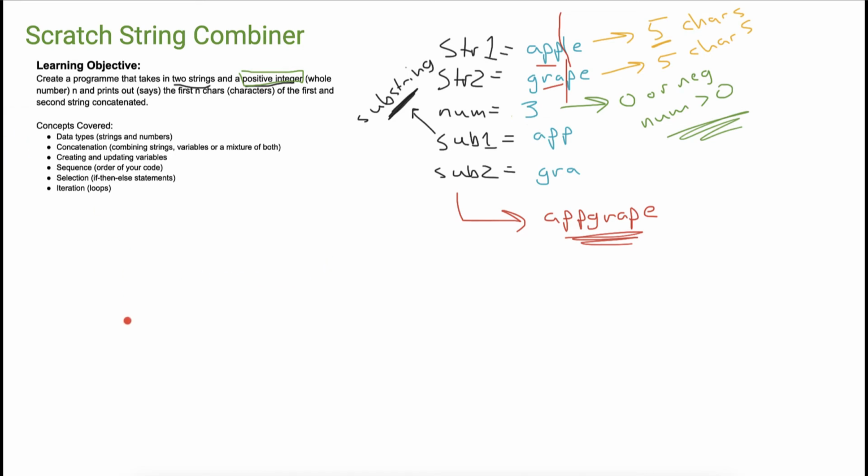We're going to have our sub1, and I'll put it down here. We can think of sub1 as being an empty box. Sub1 is a variable, but we're going to make sure that it's empty. So when sub1 is empty, we're going to add the letters from our string 1 into this box until we have the first 3, because that's the number the user typed in.